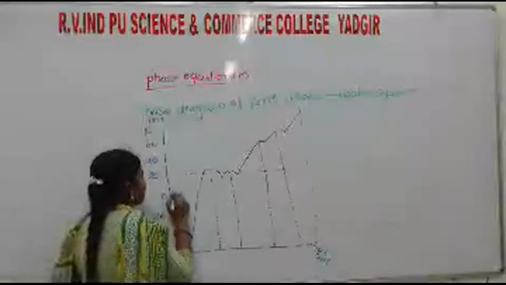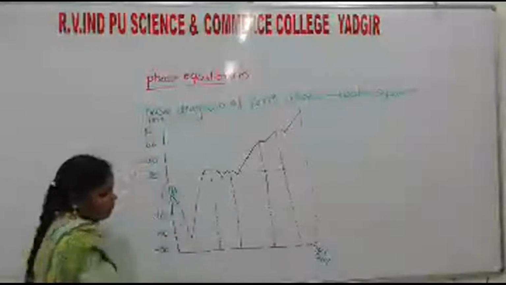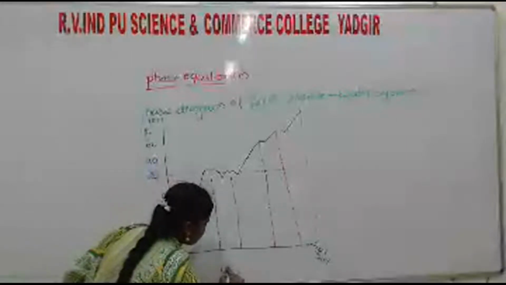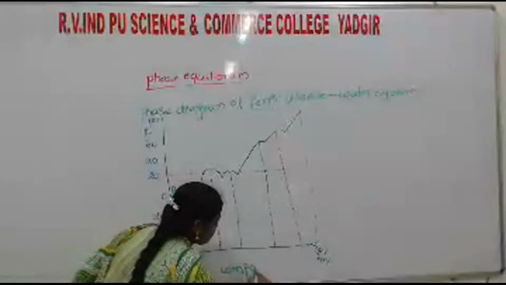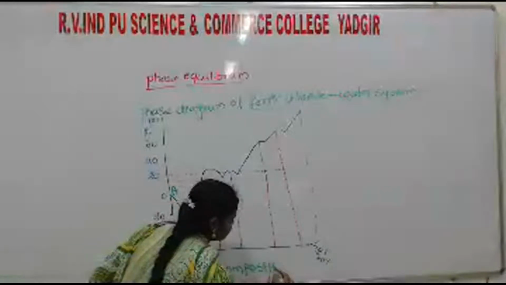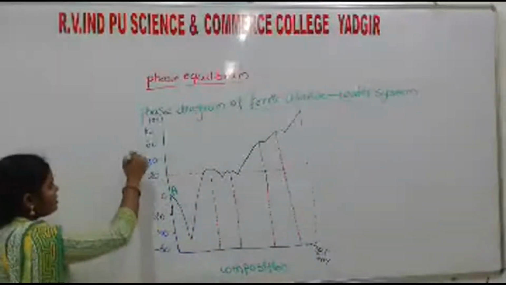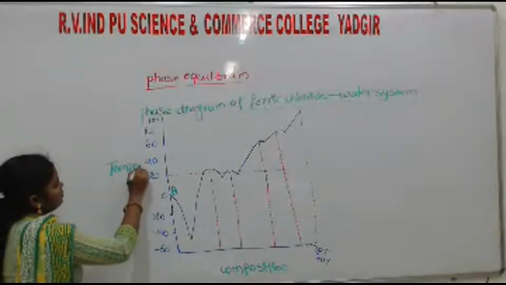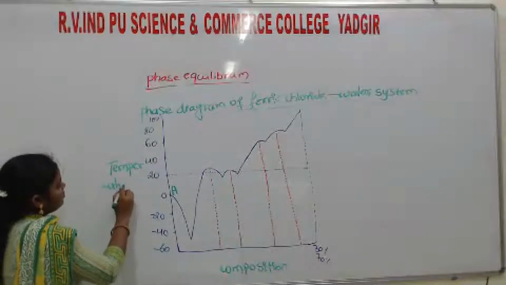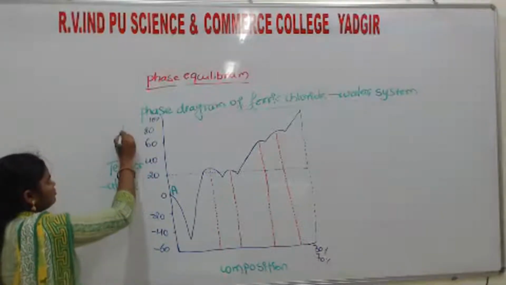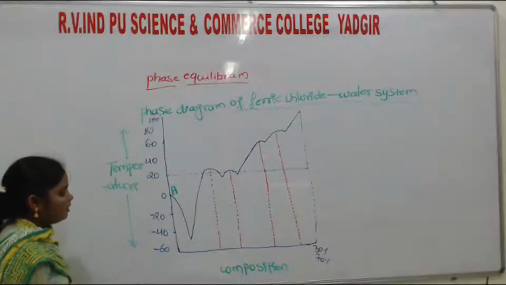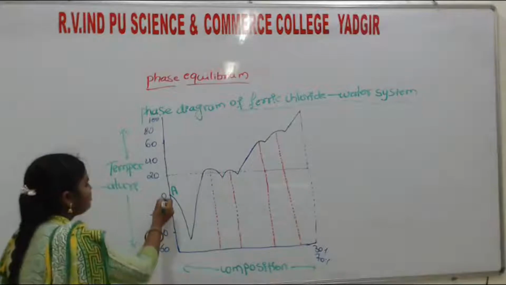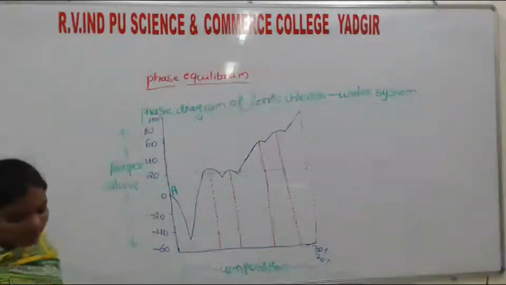This point is A. According to this axis, composition, and according to this axis, temperature. Here this is 0 degrees Celsius.